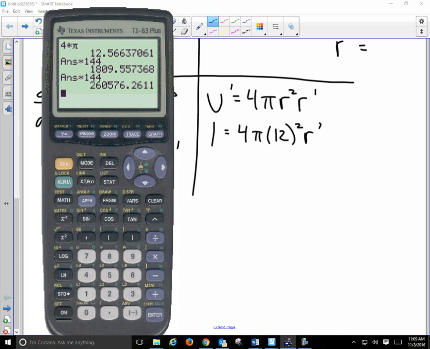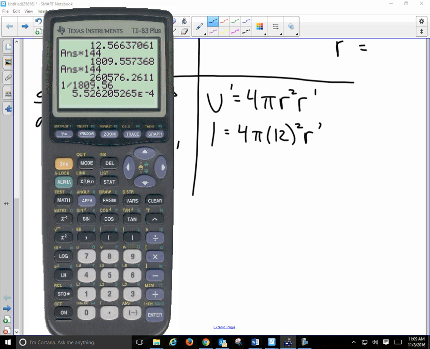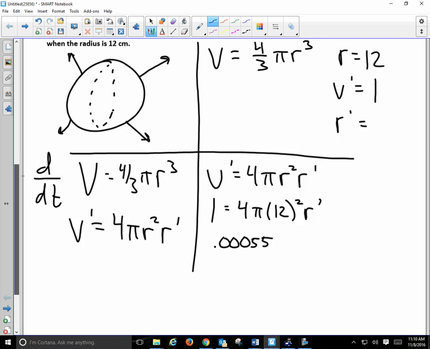One divided by the answer, and I get 1 divided by 1,809.56. And I get 0.00055. What's my measurement in?